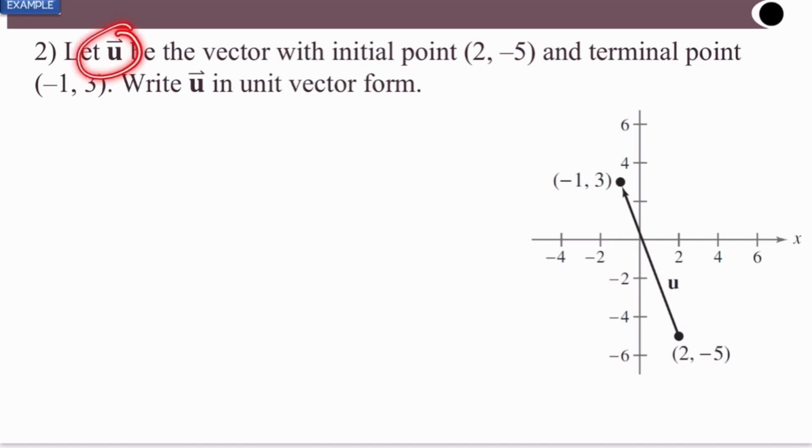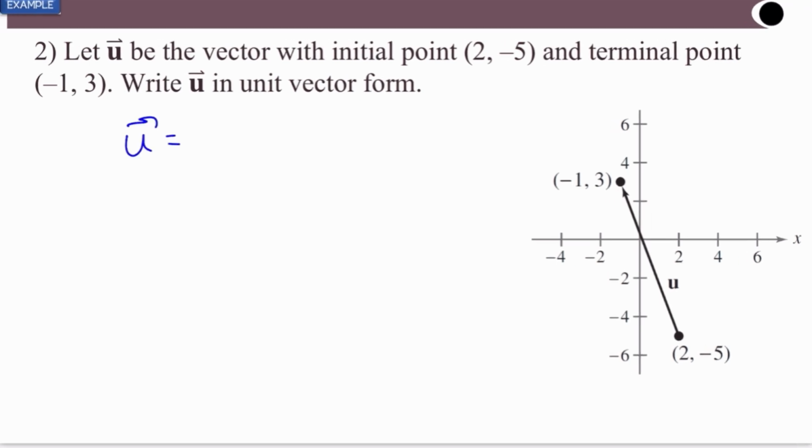So let's have a look at vector u, the vector with the initial point (2, 5), notice our parentheses here, and the terminal point (-1, 3). We have a sketch of the vector here on the right of the screen. We're going to write u in unit vector form. Now, because we're given just the coordinates of the beginning point and the end point, we need to first convert it over to component form.